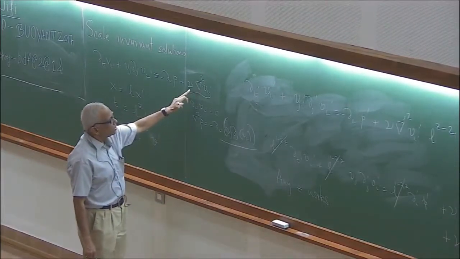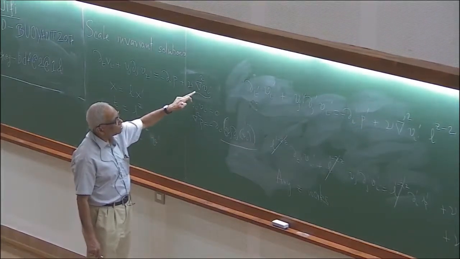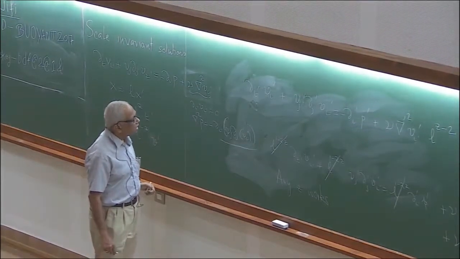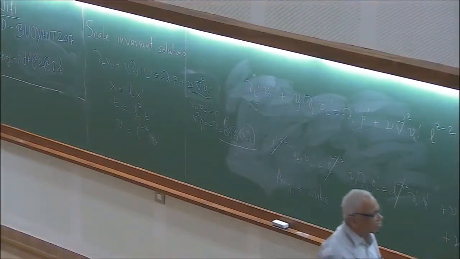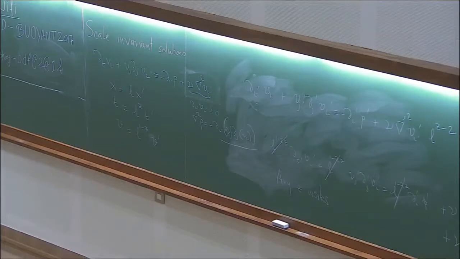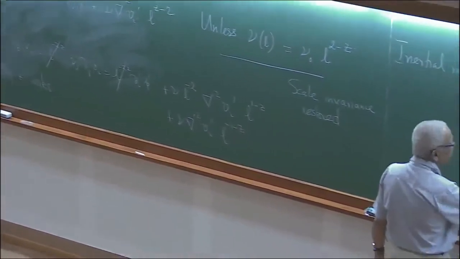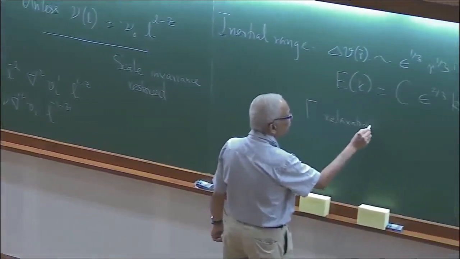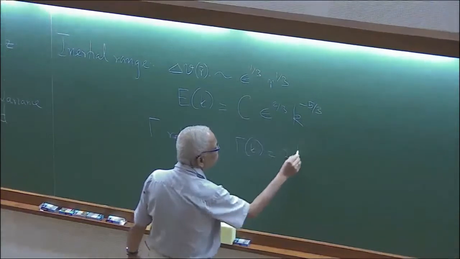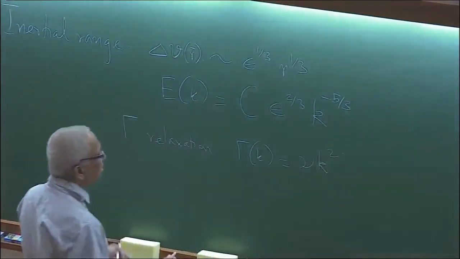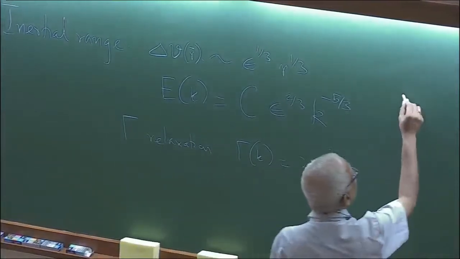In momentum space it would be nu times k squared. So if I were to have a time scale gamma for relaxation, then gamma of k is nu times k squared.